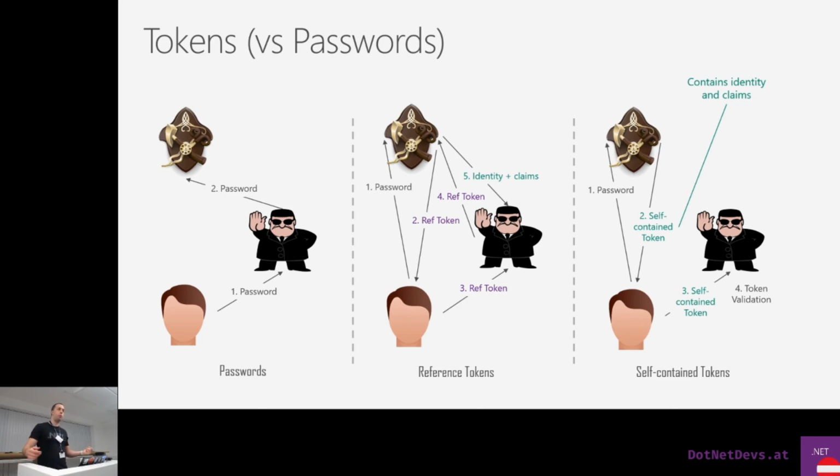The big difference that this makes in practice is self-contained tokens actually can't really be invalidated, right? They have a signature, they have an expiration date, and that's it. So if I maybe log out in Twitter, and I'm maybe not checking this access token with Twitter, I wouldn't know that the user has logged out. So during security audits, this may come up as an issue.